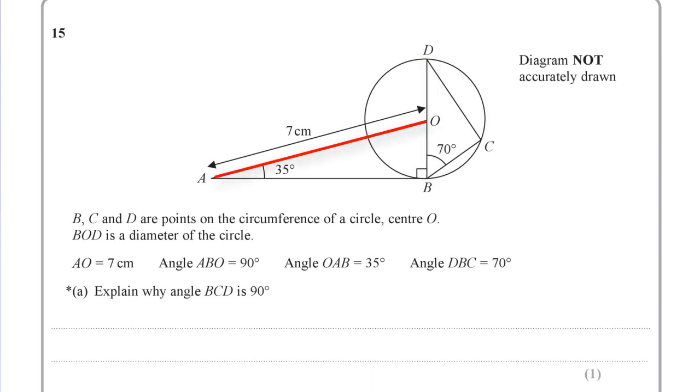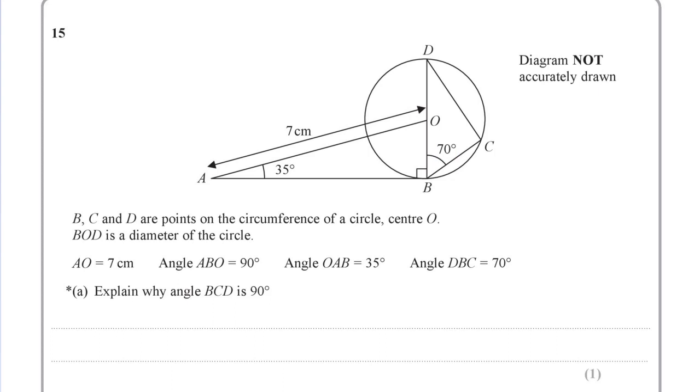AO equals 7 centimetres, angle ABO equals 90 degrees, angle OAB equals 35 degrees, and the last bit, angle DBC equals 70 degrees. So what is our question?